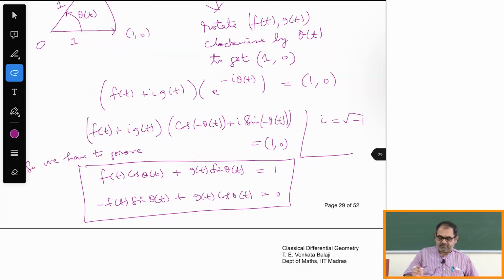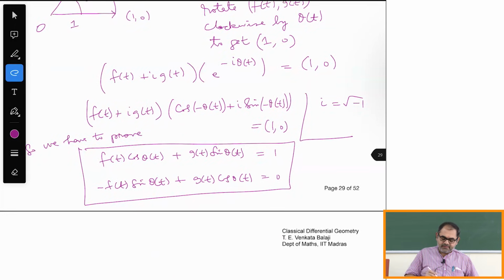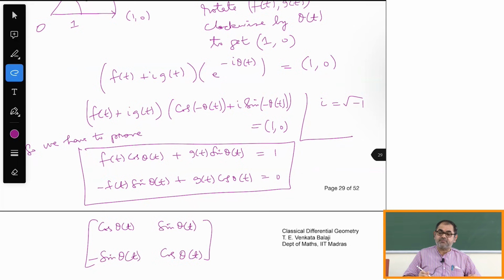This is what you have to prove effectively. And if you write it as a matrix equation, because it will involve the rotation by angle theta, you will get the rotation matrix. So you can also write it like this: cos theta t, sine theta t, minus sine theta t, cos theta t. This is the matrix for rotation by minus theta. This acting on f(t), g(t) is going to give you 1 comma 0. You can write it in this matrix form. So this is what I have to prove.